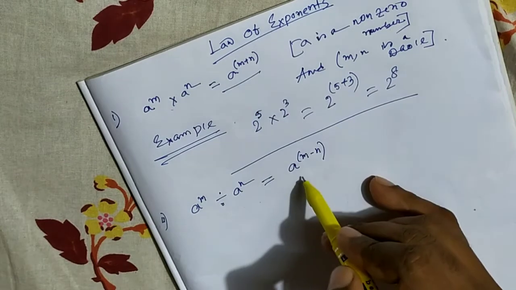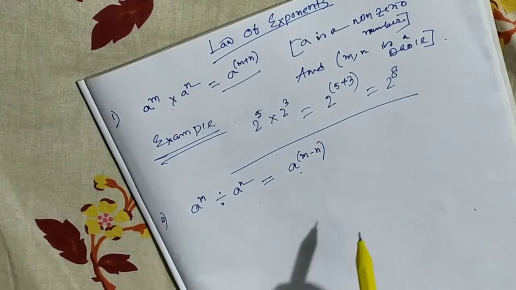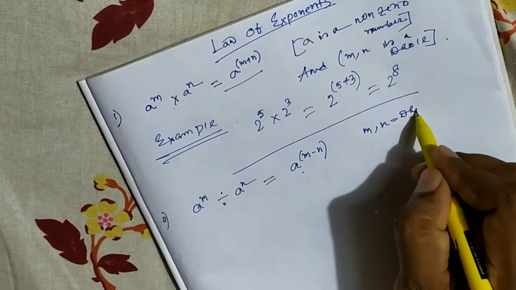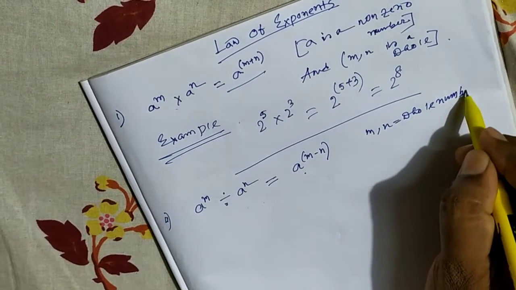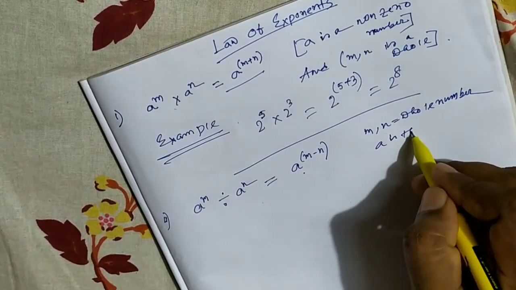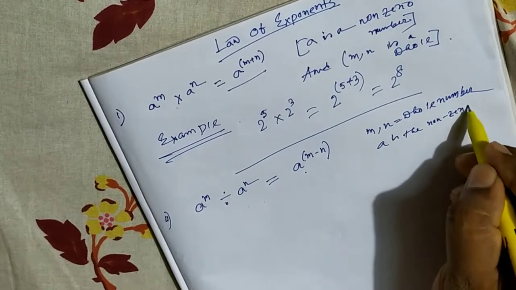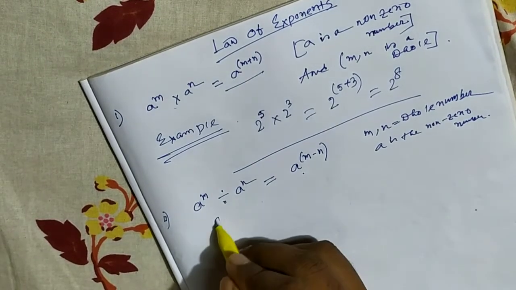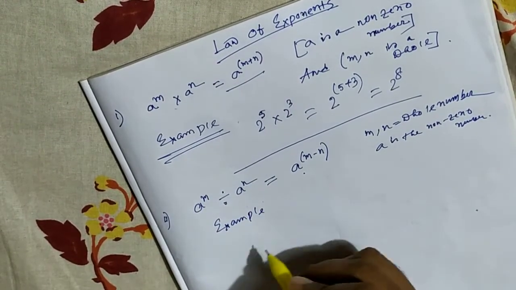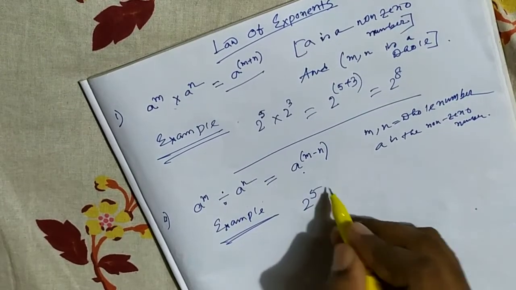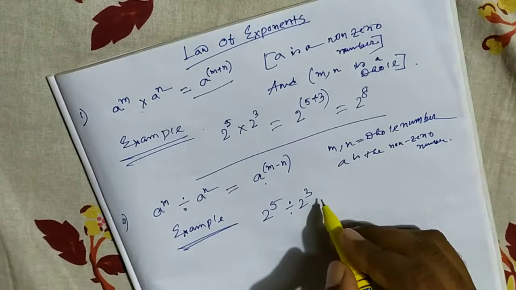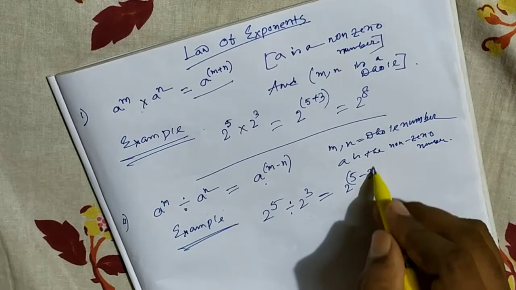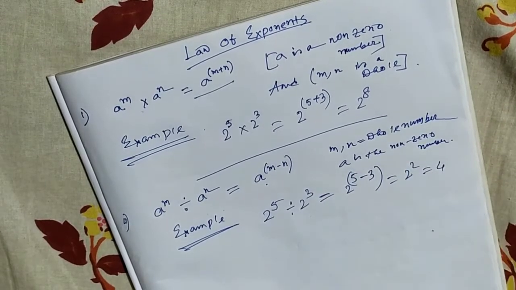Here a is a non-zero rational number and m, n are whole numbers. For an example, 2 to the power 5 divided by 2 to the power 3. As per law number 2, we write 2 to the power 5 minus 3, equal to 2 to the power 2, is equal to 4. This is the answer.